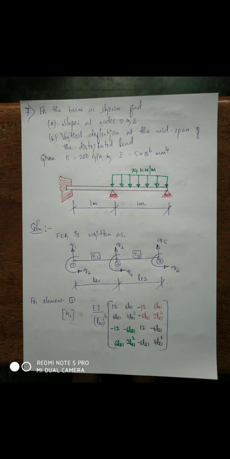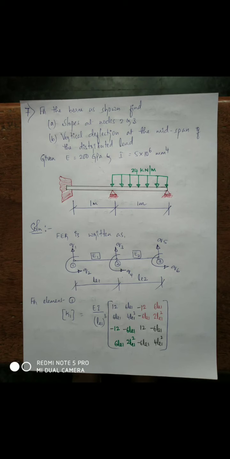Point number 1. The word slope is an alternative word for finding the individual deflection, that is Q1, Q2, Q3, Q4, etc. Instead of the word deflection or displacement, in this particular problem they have mentioned the word slopes.